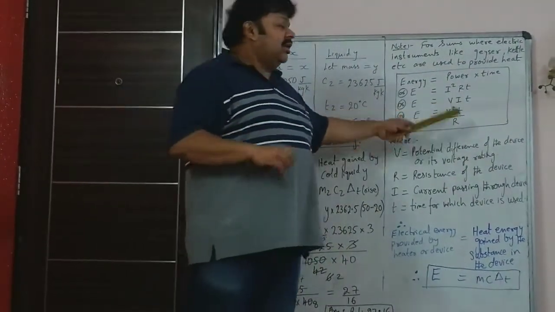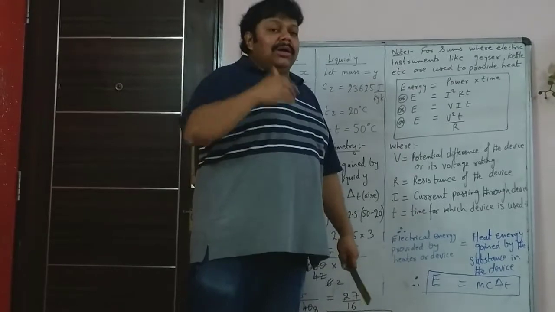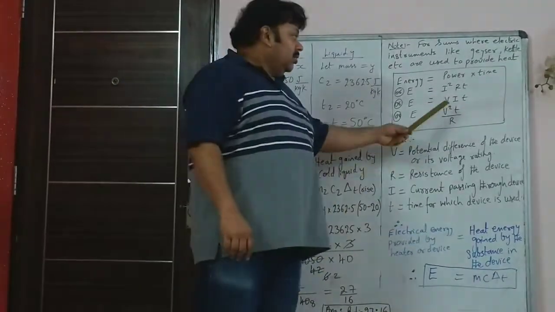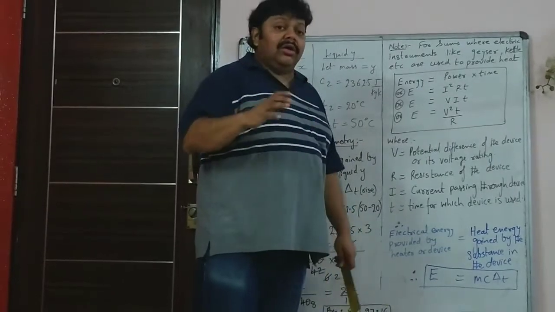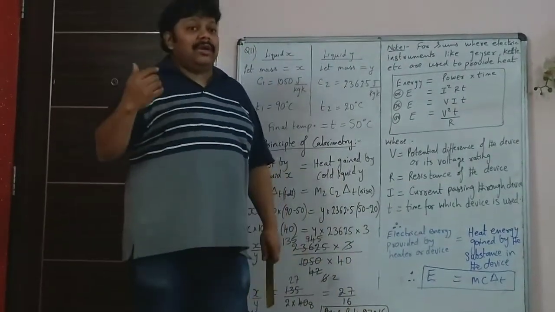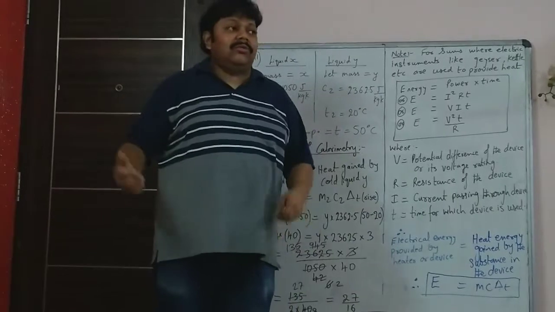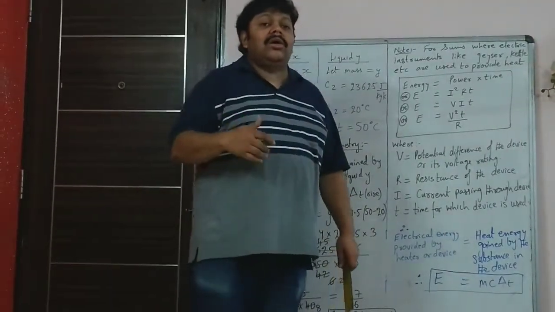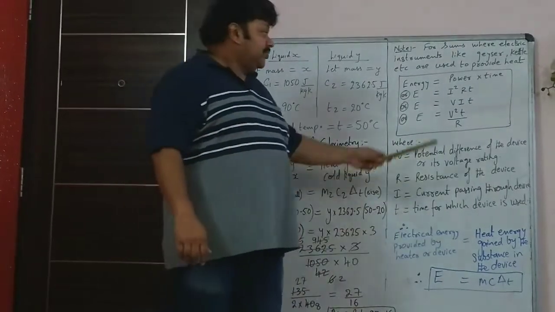In a sum you may sometimes see 200 also given. But in India the standard voltage rating at which all appliances, be it your television, your tube light, or your fan, are designed to work is 220 volt.